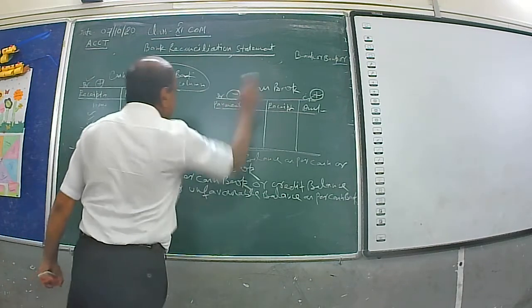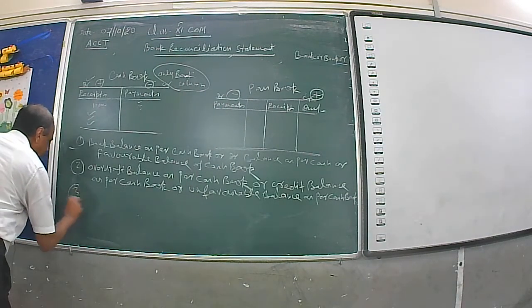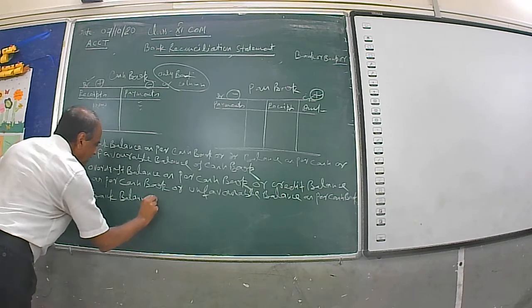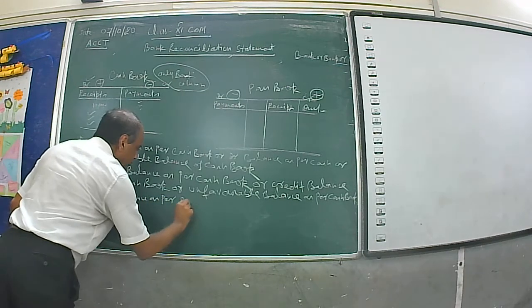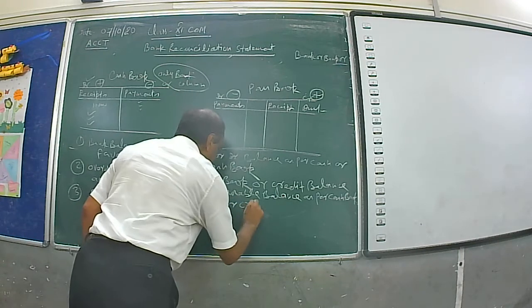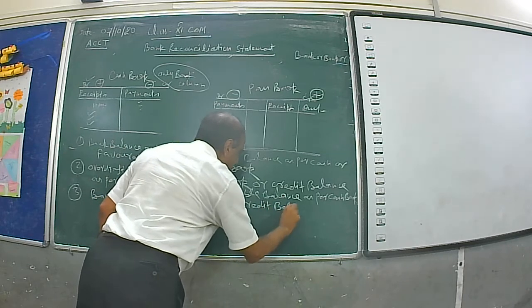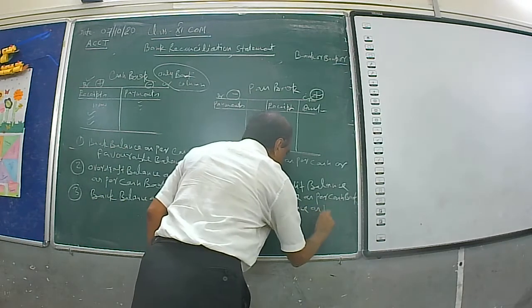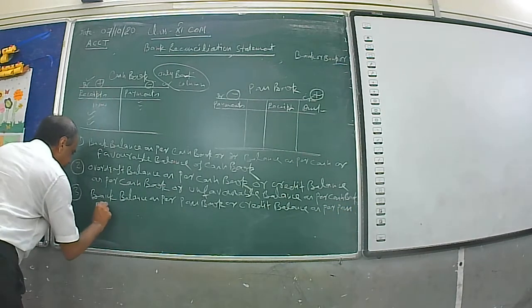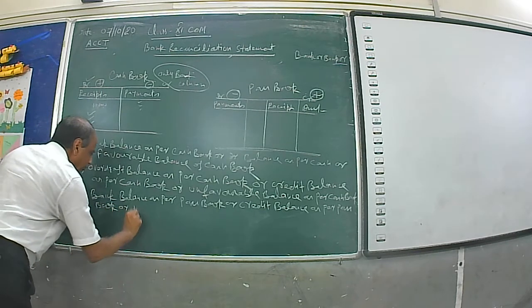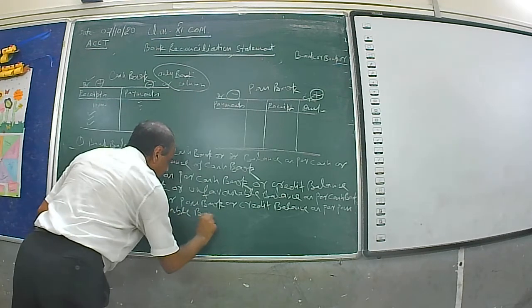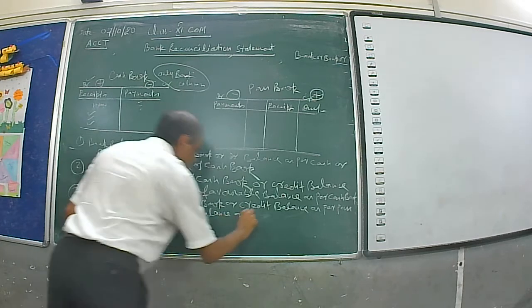Similarly, there will be two balances of passbook. Number three, bank balance as per passbook, or credit balance as per passbook, or favorable balance as per passbook.